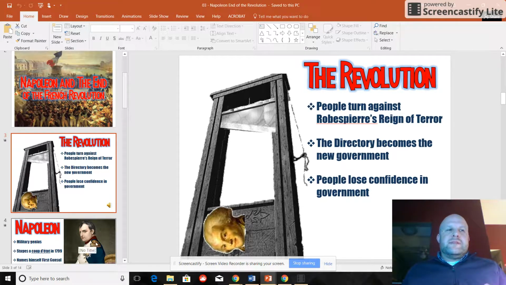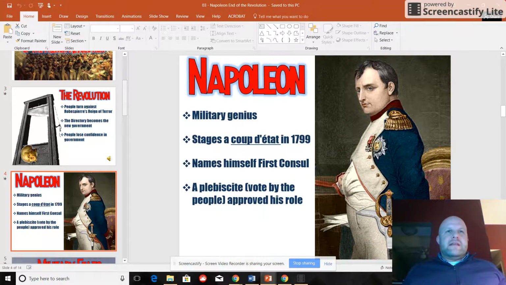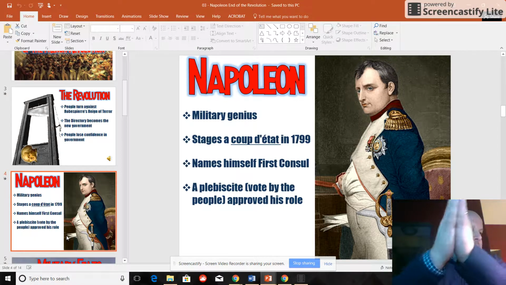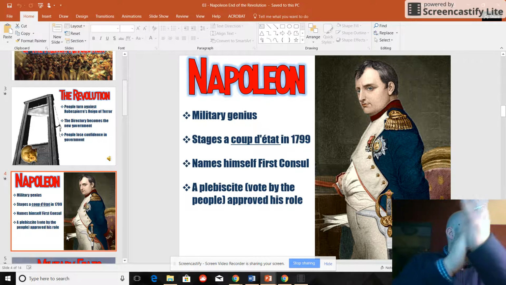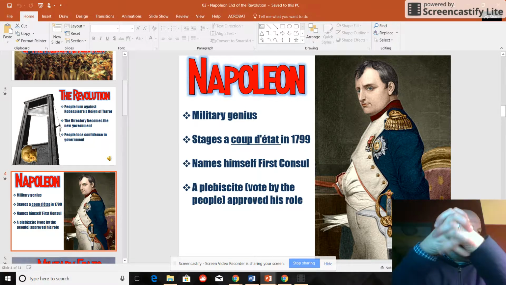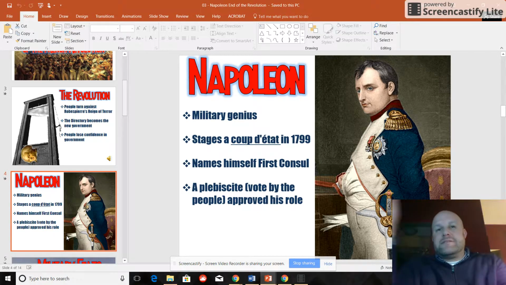What Napoleon does is he holds a plebiscite, a vote of his people to approve his rule, stages kind of a coup d'etat, and eventually names himself First Consul and ultimately dictator.